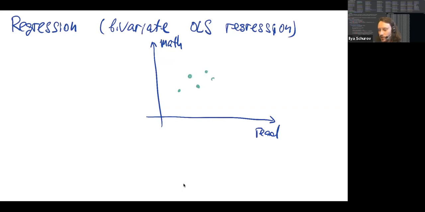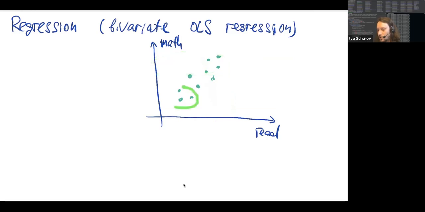And we discussed the story that it is possible that there is some positive correlation between these two variables. If we see a large value of reading score, then we probably will see also a large mathematical score as well. And vice versa.